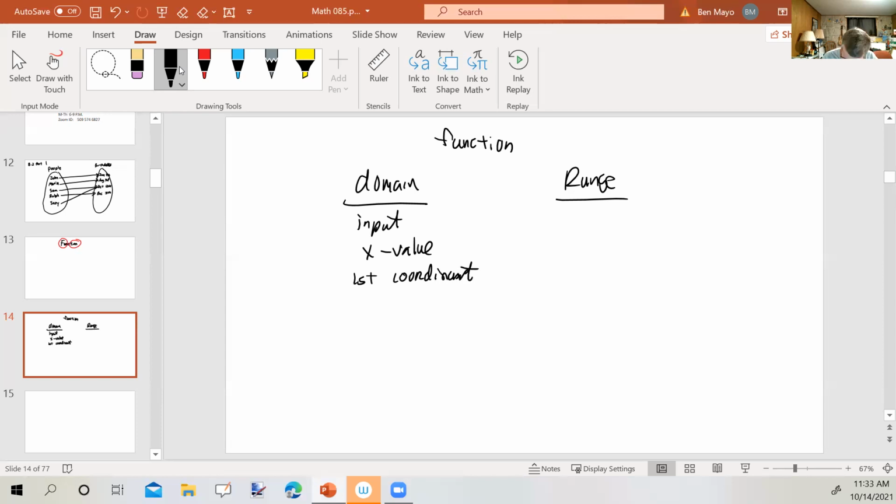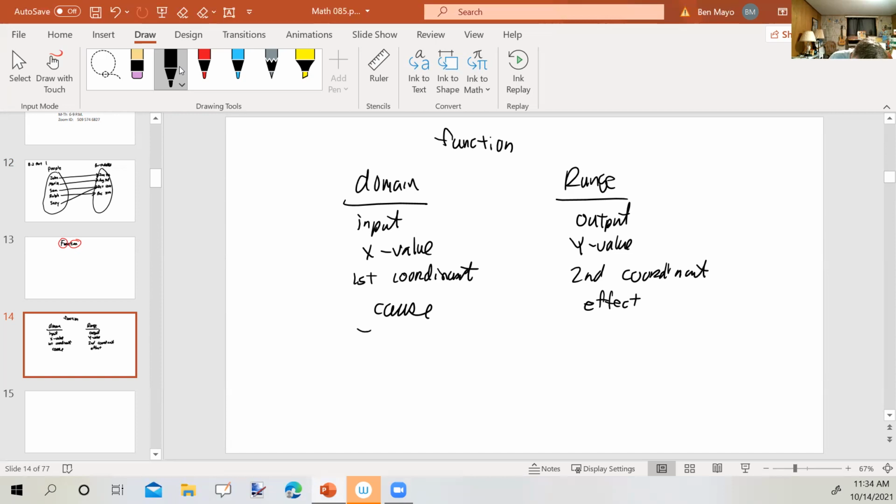Your range would be your output or your Y values or your second coordinate or the effect. Okay, so these are all different names for the same thing. Domain is all your inputs or your X values. The range is all your outputs or your Y values.